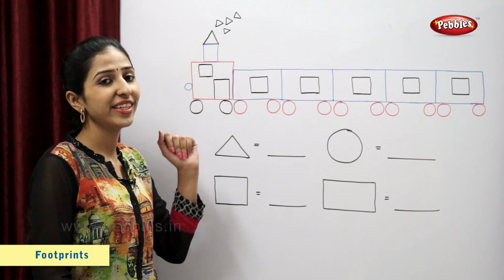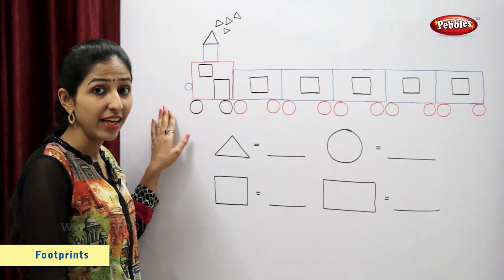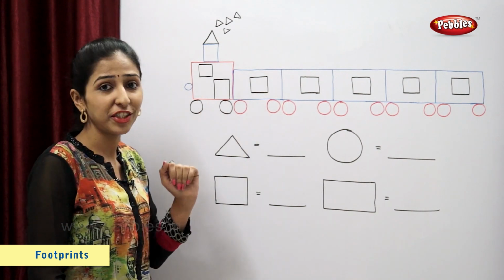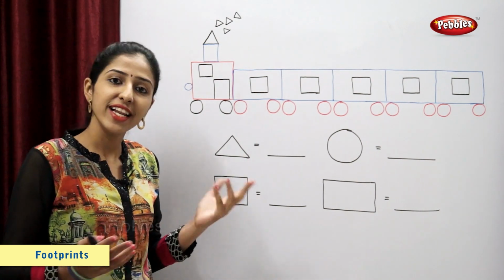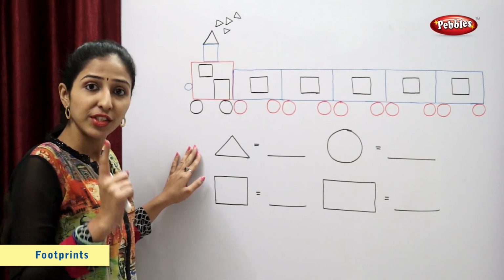Students, look at the board. This is a train. It has many different shapes. So now let's count and write the shapes. Triangle.